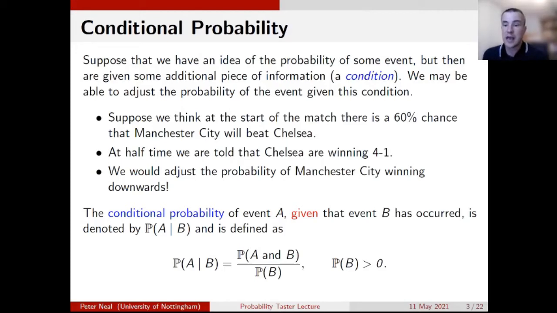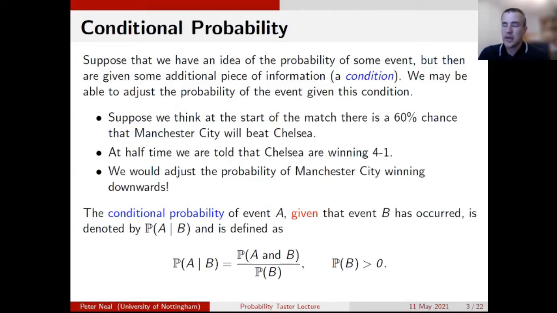We can write this as the probability of the two events both occurring, so the probability of Chelsea winning 4-1 at half-time but Man City managing to come back and winning, divided by the probability that Chelsea are leading 4-1 at half-time.